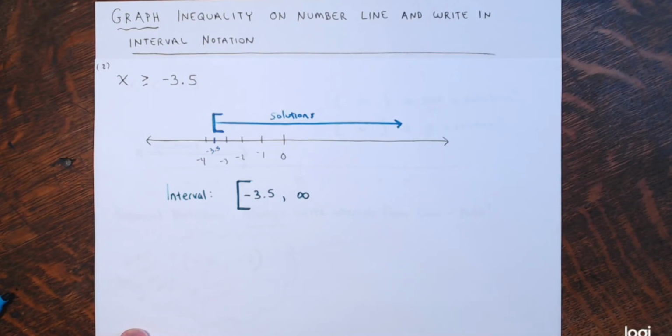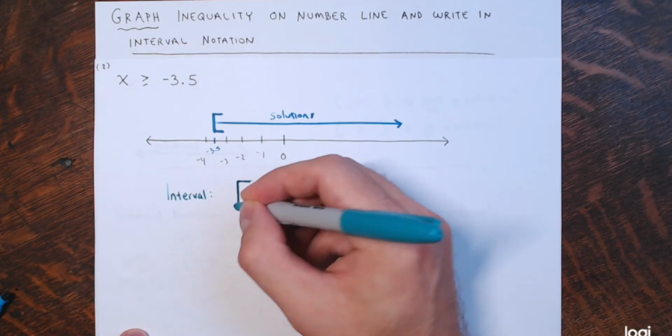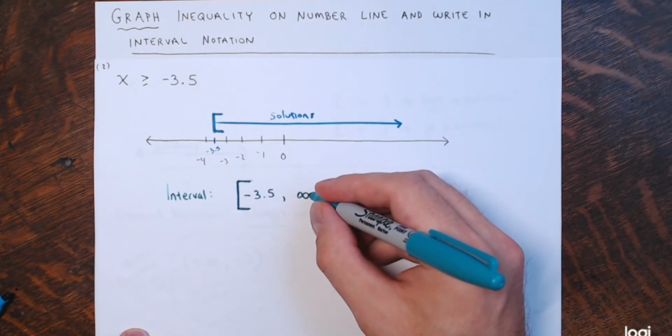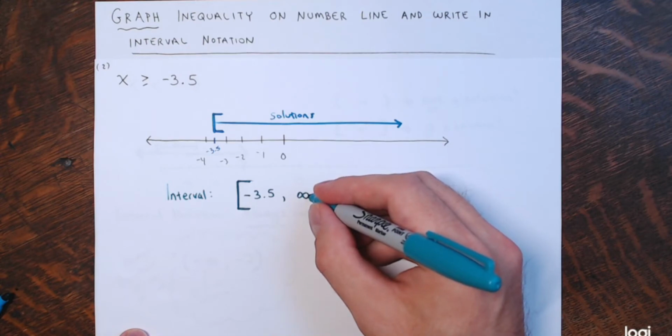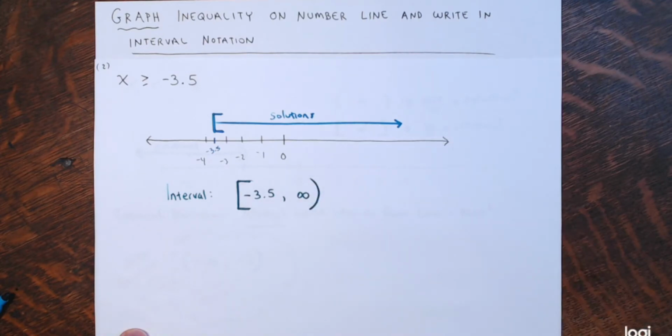So try to draw nice corners here, right? 90-degree angles. And then, as I mentioned in the previous example, infinity is not a number. Same with negative infinity. So always cap off the infinities with parentheses, because something that's not a number can't be a solution of anything. Okay, again, very simple as that.